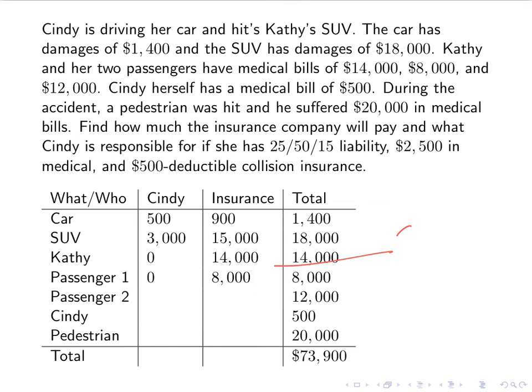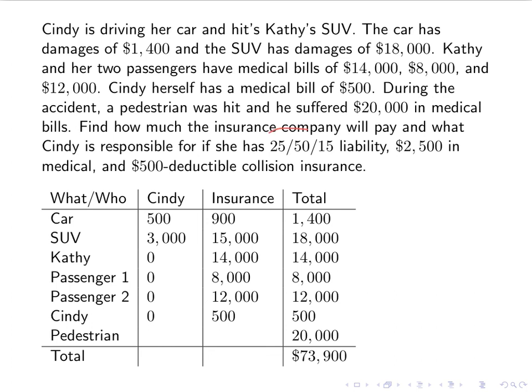Notice the total is $22,000, still under the $50,000. Passenger 2 is also covered. And then we move on to Cindy. Cindy has her medical bills, and that's covered under medical. So her medical bill is only $500, so that's covered in the $2,500 that she has. So she owes nothing.